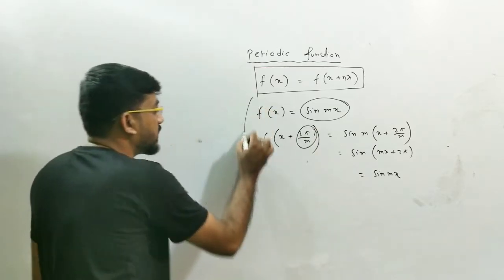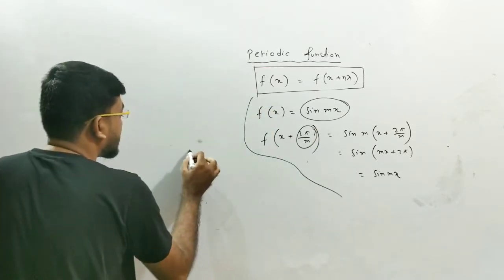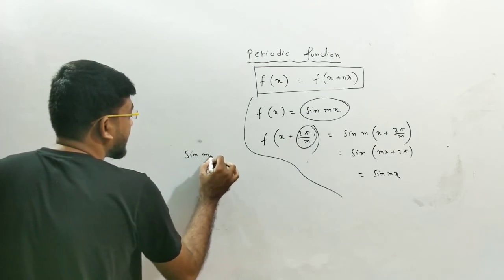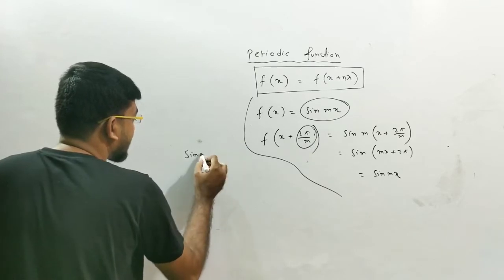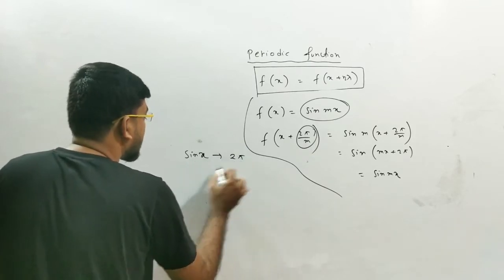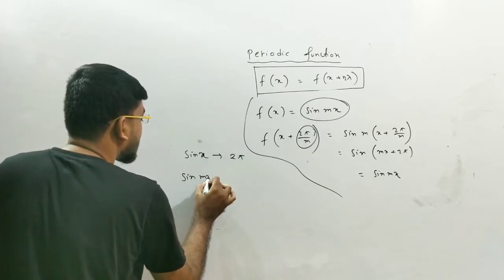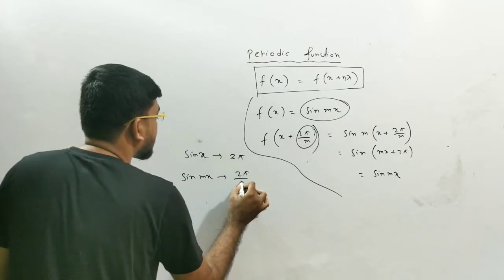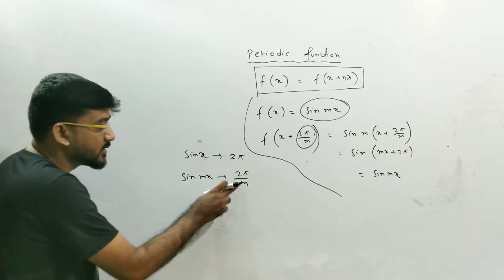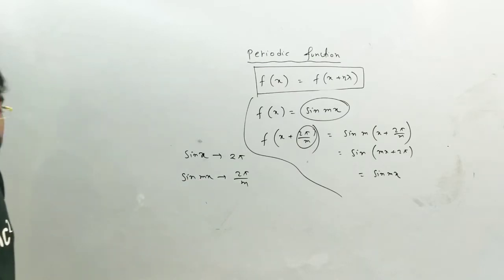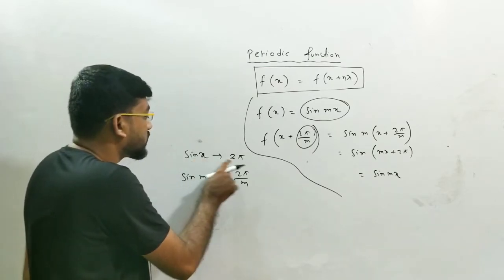So you can conclude an interesting thing: if you have sin x, then your period is 2 pi, but if you have sin mx, then your period will be 2 pi by m. So the coefficient of x is in the denominator. Here you have 1, so it will be 2 pi by 1.